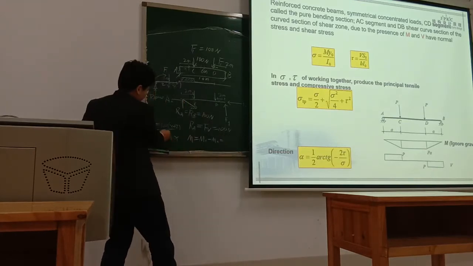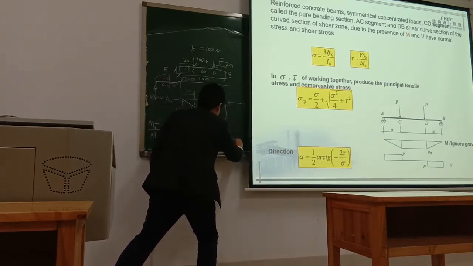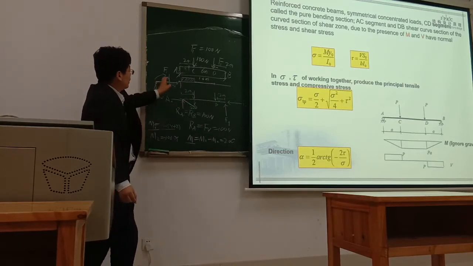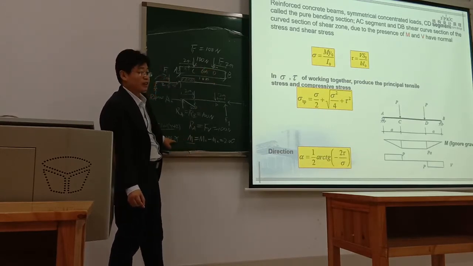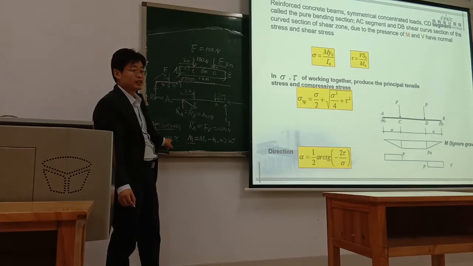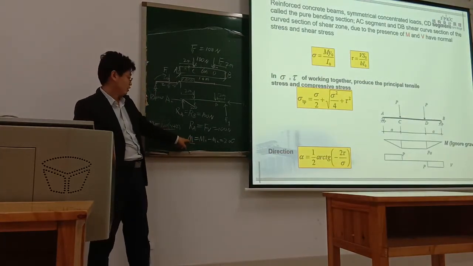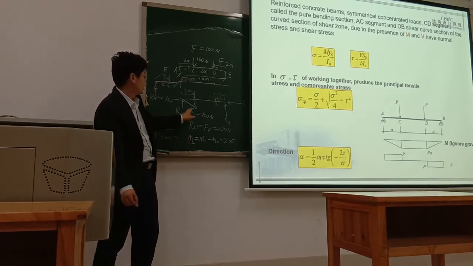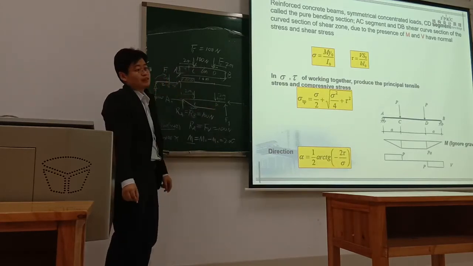M1 is 100x plus 200, and M2 is 100x, so M equals 200. In the CD part, the change of x has no influence on the moment, so in the CD section the moment is constant.